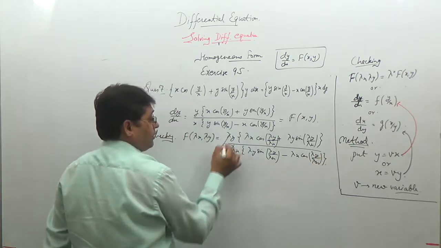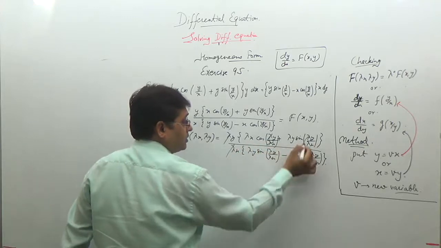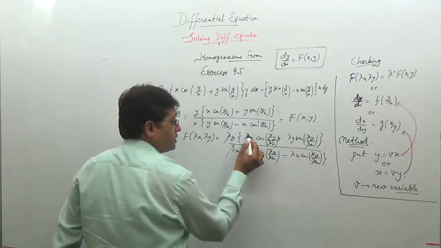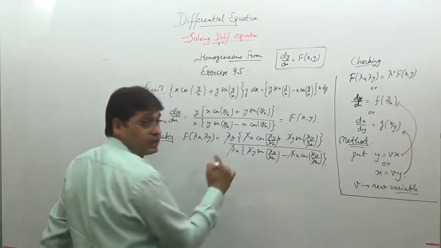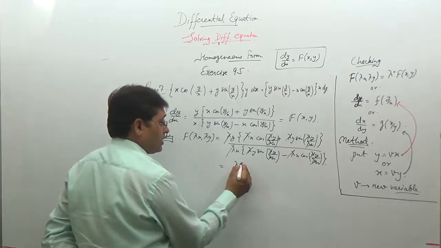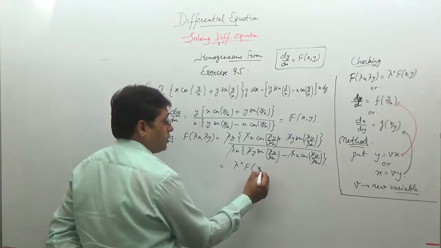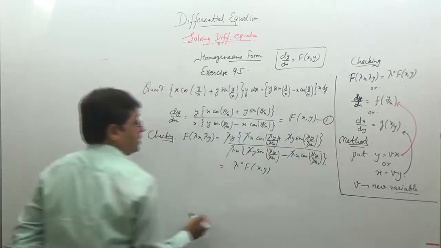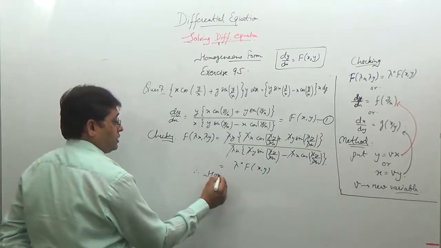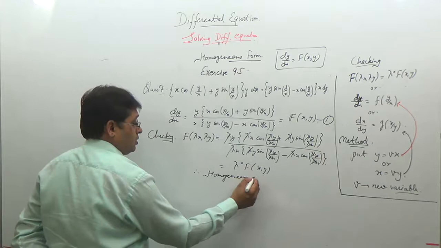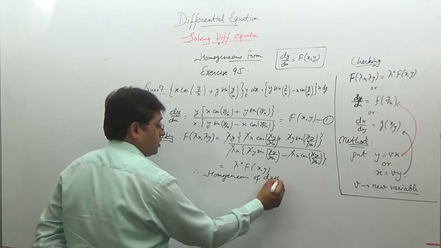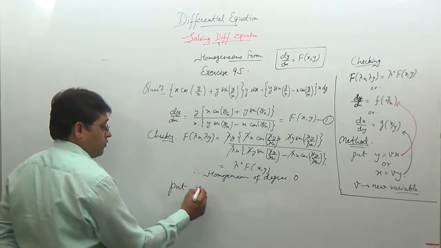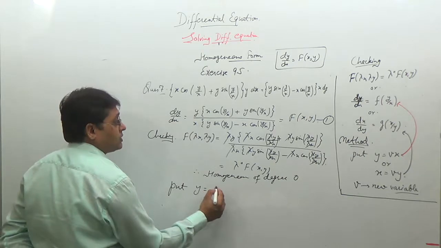Lambda will be cancelled; take lambda common, so you will get lambda raised to the power 0 into function of x comma y, which is this. Let this equation be 1. Therefore homogeneous of degree 0.